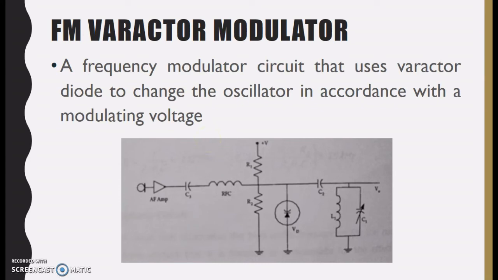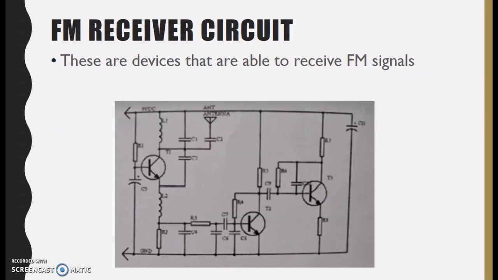So the next part is the FM receiver circuit. These are devices that are able to receive FM signals. We have few components needed for a receiving circuit.